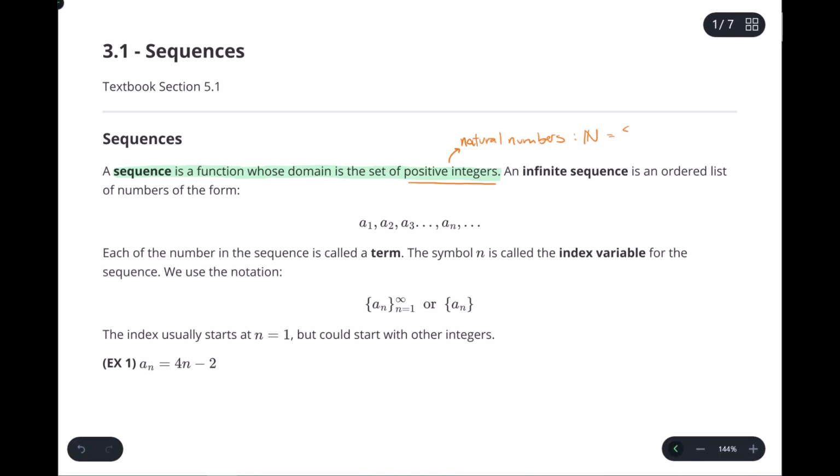Ultimately, just know that when we talk about the natural numbers, we're talking about the numbers 1, 2, 3, 4, and so on to infinity. Not including 0, not including negatives, no fractions, decimals, nothing of that sort. So just whole numbers, not including 0.